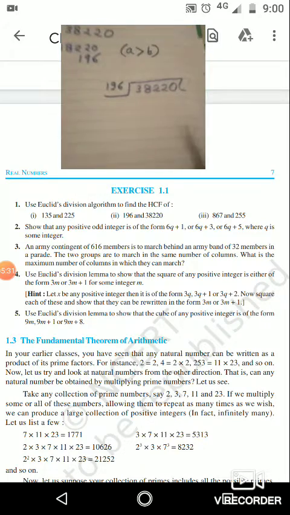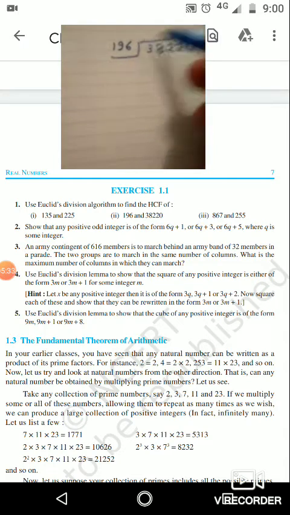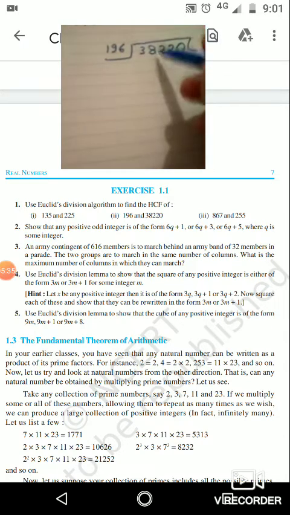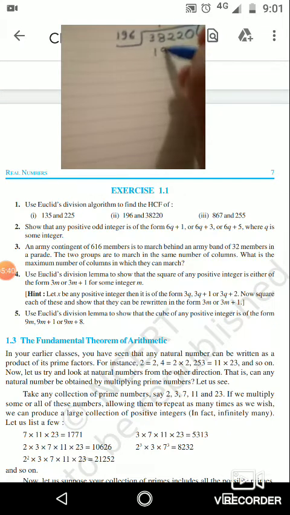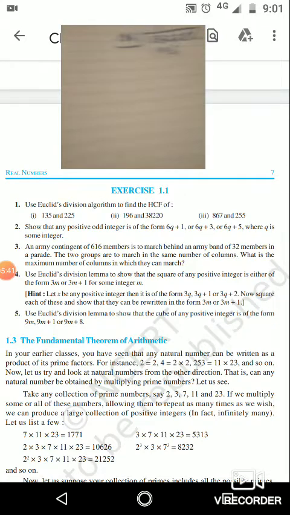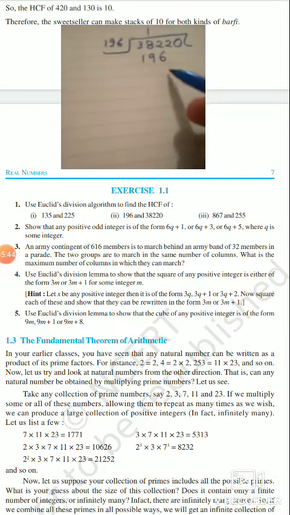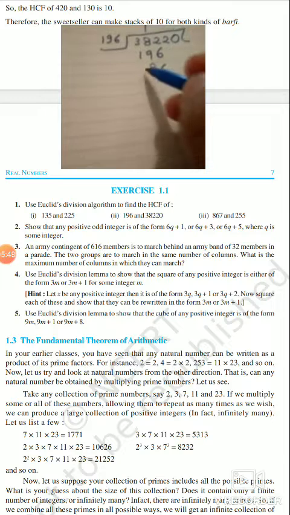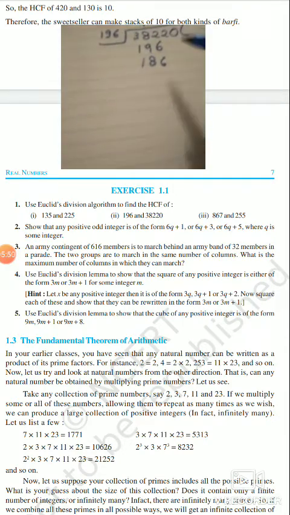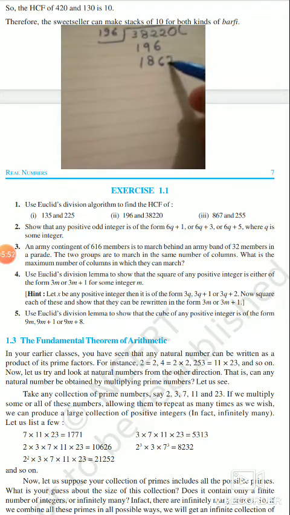38220. The first quotient is 1 and the remainder is 186 and 2 is there.